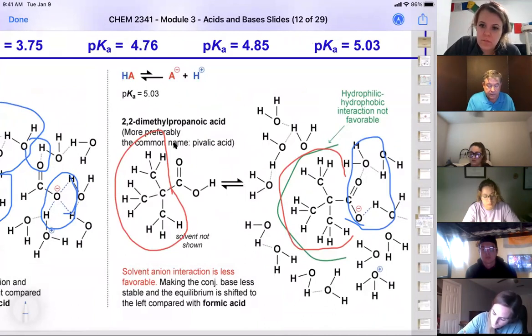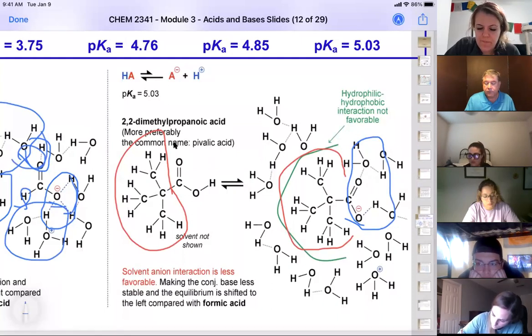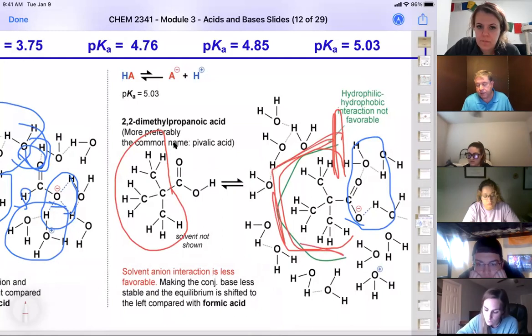Notice here we can hydrogen bond over here, we can hydrogen bond over here. There's a lot more opportunity for things to come in here. But once we get to that big bulky space, we're blocking a lot of those possible interactions, and therefore it's less likely to give out that proton, and therefore it's less acidic.